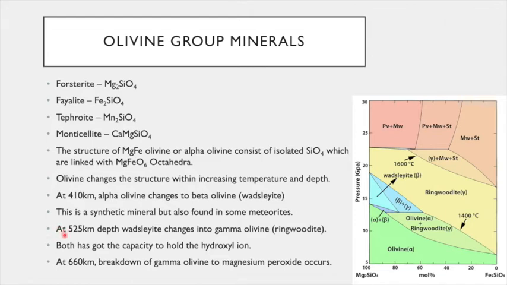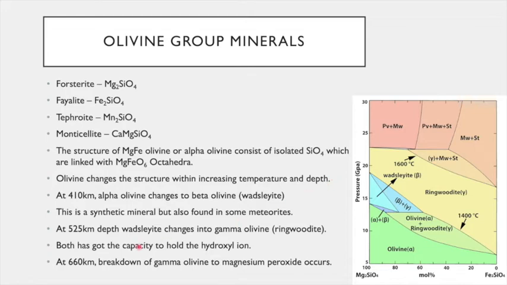At 525 kilometer depth, if you go deeper, wadsleyite changes into gamma olivine, which is known as ringwoodite. This is ringwoodite. So first it is alpha olivine, then it converts into beta olivine, and at more depth it converts into gamma olivine.